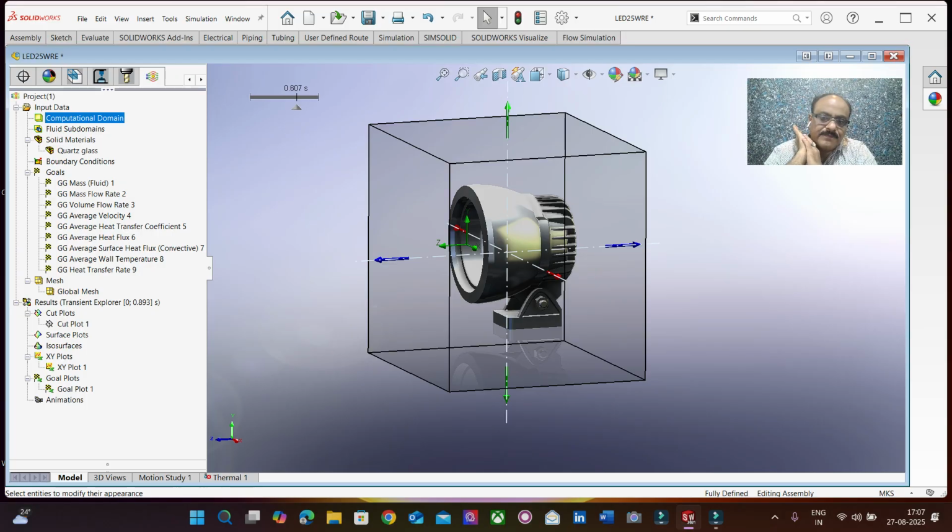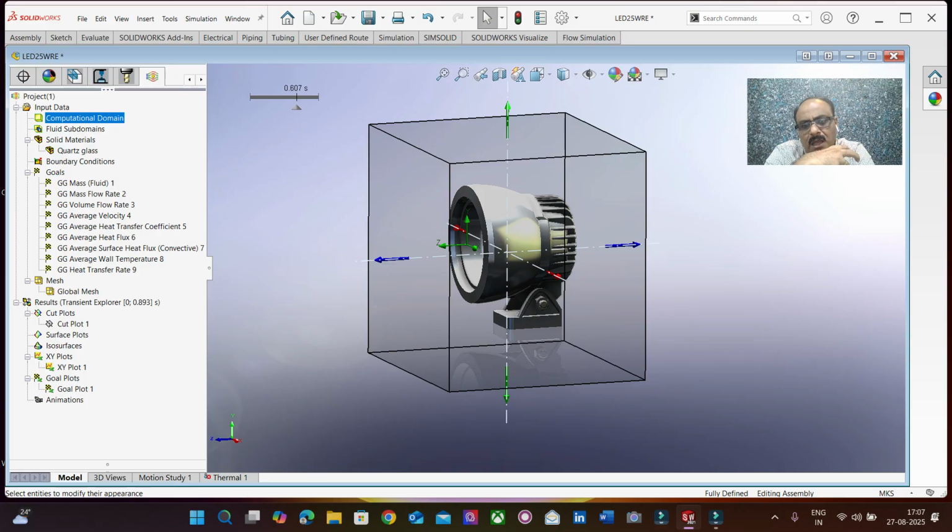Now we have included certain parts into this particular computational system. For the fluid dynamic simulation, we are going to incorporate everything.